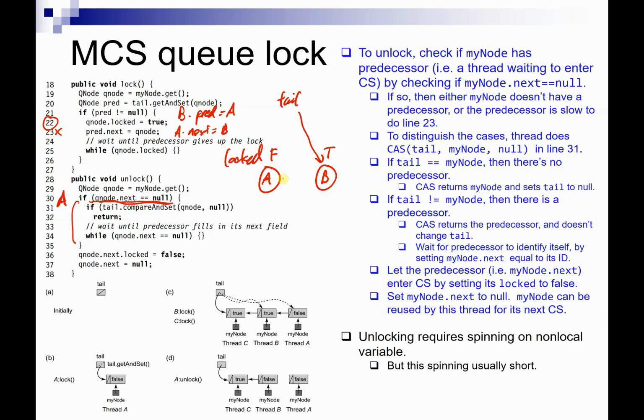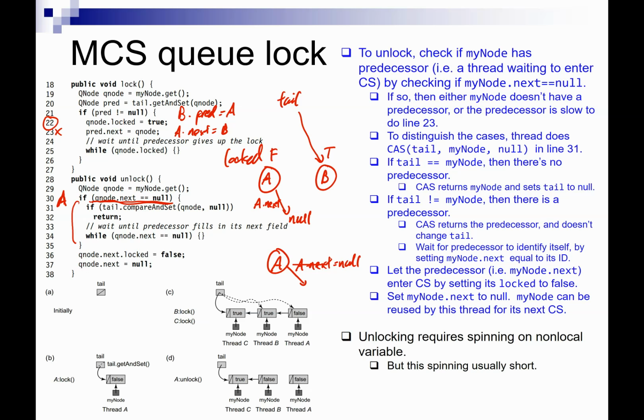Then A doesn't have a next. B is eventually going to set A's next to be equal to B, but currently A's next, this is A dot next, is equal to null. So therefore A needs to distinguish between these two cases, where the first case is A is truly alone, so A's next is null.